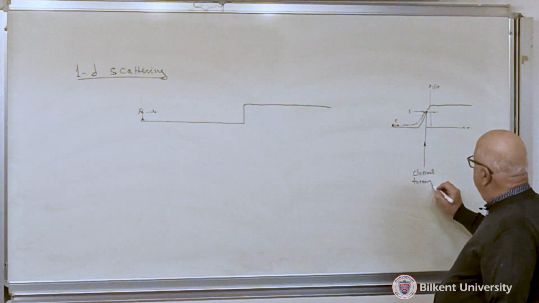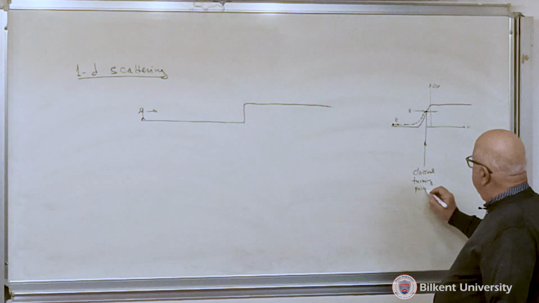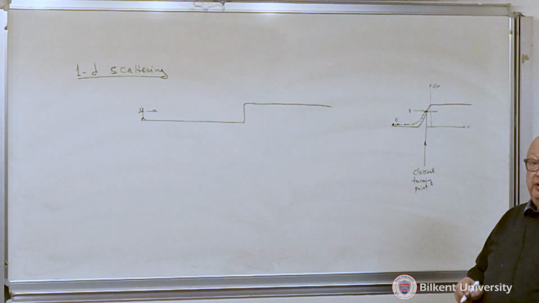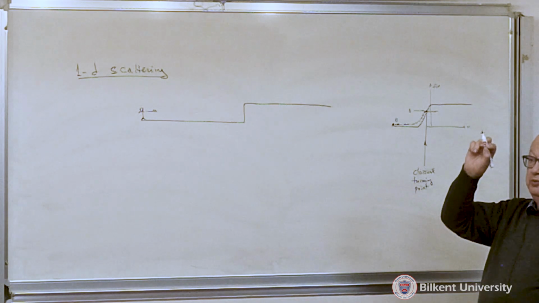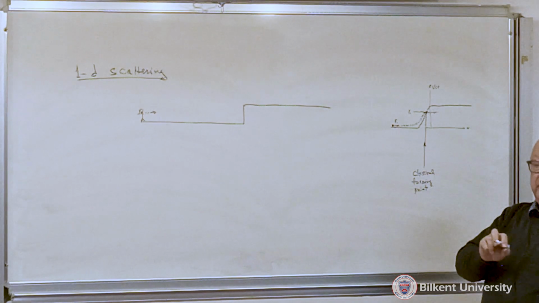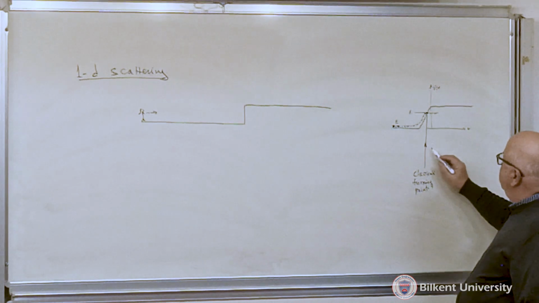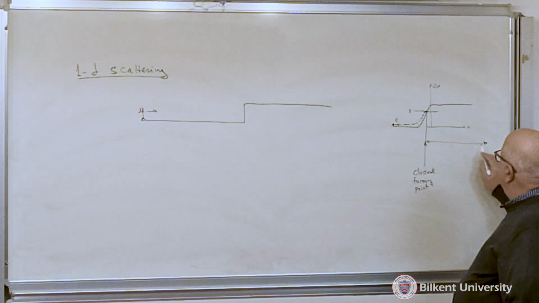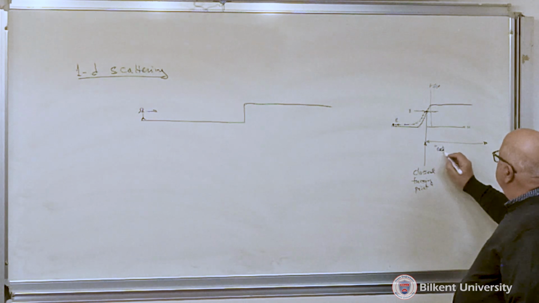Why? Because at that point, the kinetic energy is equal to the potential energy, and the object comes to rest and then returns back. All this region here, this whole region over here, is the classically forbidden region.